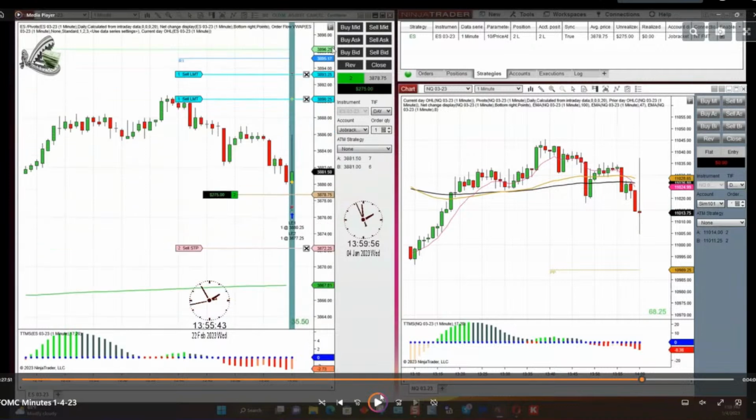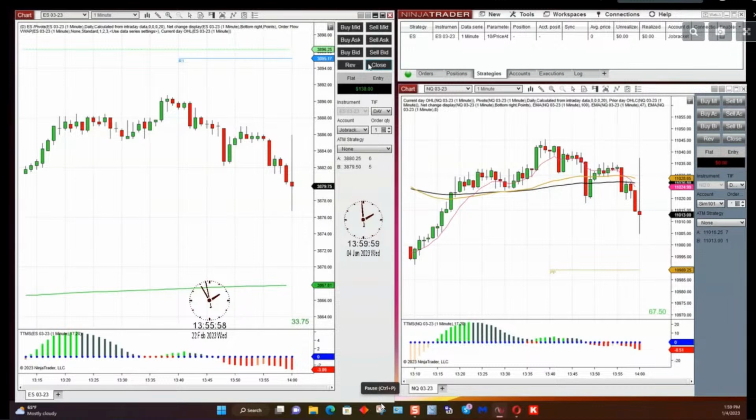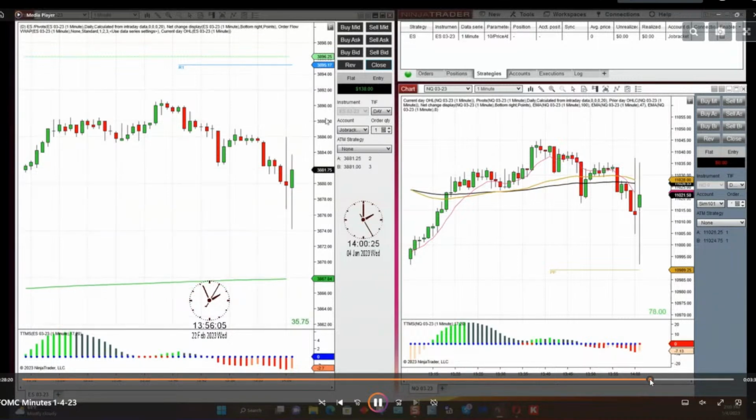So the news was not out and I was already filled. I do not usually really enjoy being filled early. I was in a profit. So I hit the close button, got out of the trade. It then went down and it would have survived the stop, and then it went up. It would have been a big winner had I stayed in. It was a very big winner.